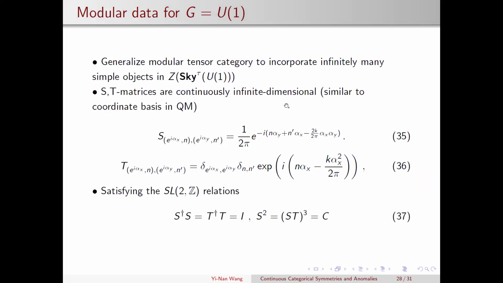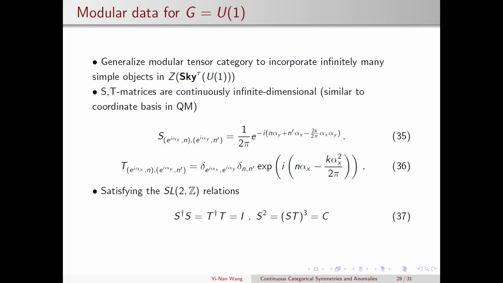And besides that, we can even generalize the notion of modular tensor category, although not mathematically rigorous, to incorporate infinitely many simple objects in the Drinfeld center. In this way, you can even define continuously infinite dimensional S and T modular matrices, which is, I think, maybe an awkward thing for mathematicians, but for physicists, this is really nothing strange.